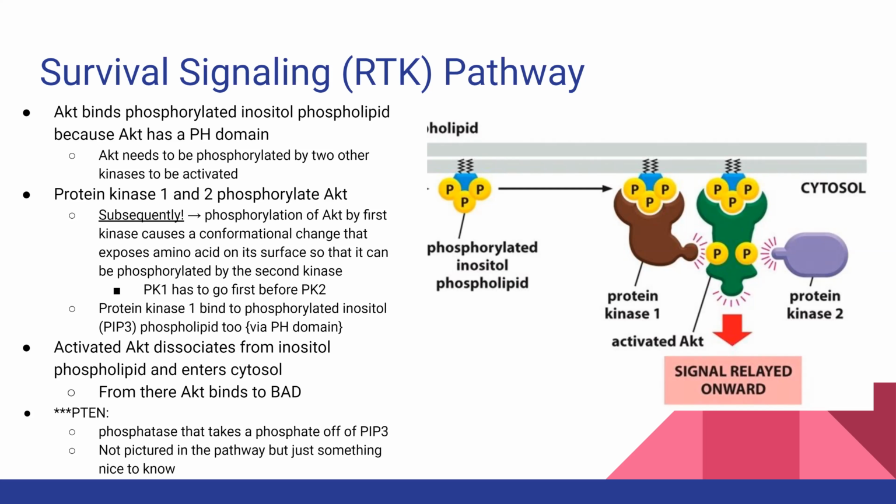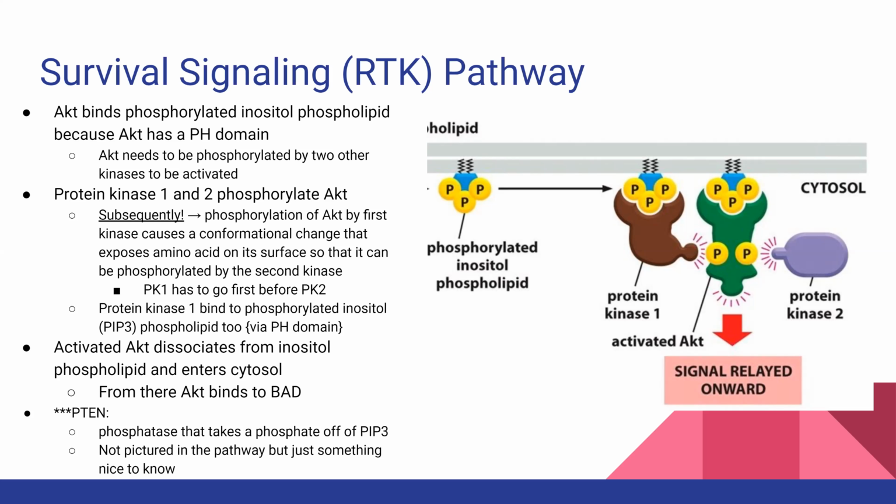So by protein kinase 1 binding, it makes protein kinase 2 able to bind because it exposes the PK2 binding site on the AKT. Once those protein kinases bind to AKT, then at that point, the AKT dissociates from the inositol phospholipid, and it goes onwards and travels to the cytosol. That's the way I was taught that. Yeah, that's exactly how I understand it too.